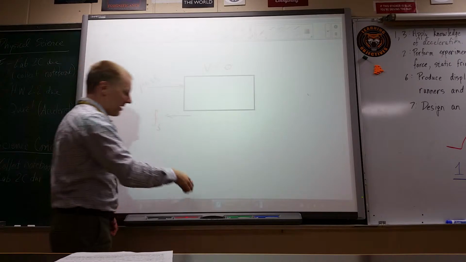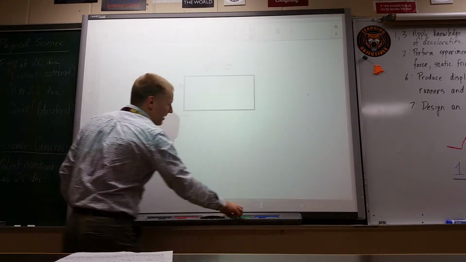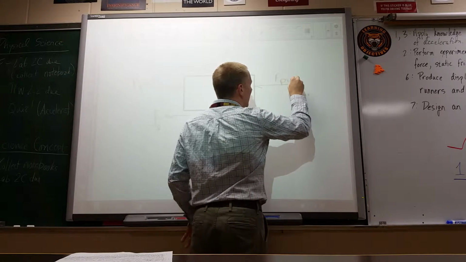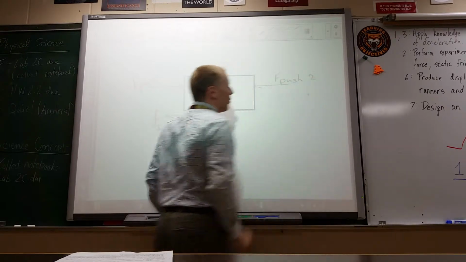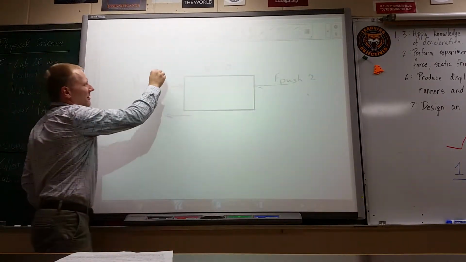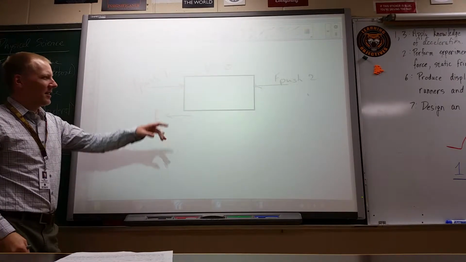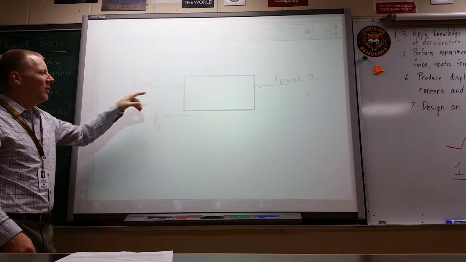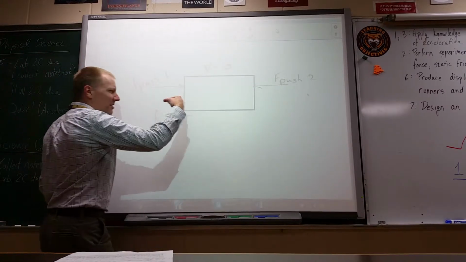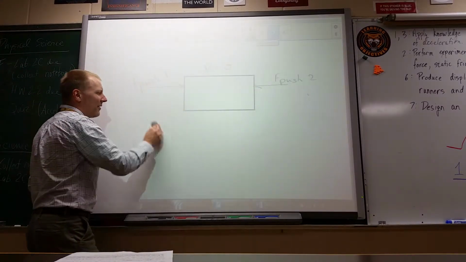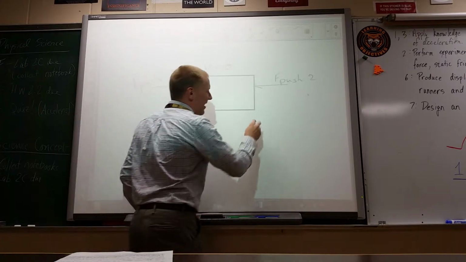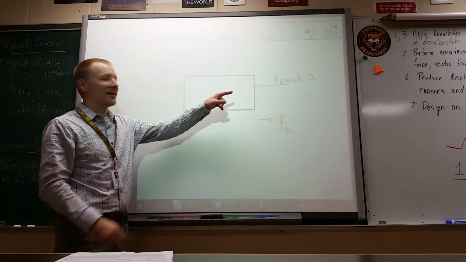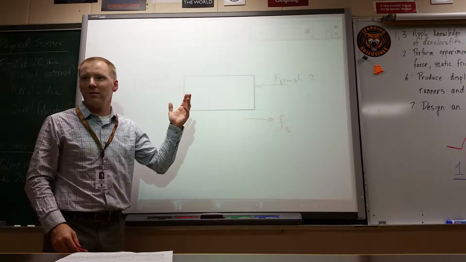If I had two people pushing, and they were different forces, let's say F push 2 is greater than F push 1, well, then it would tend to move towards the left. Static friction would act against the greater of the forces.